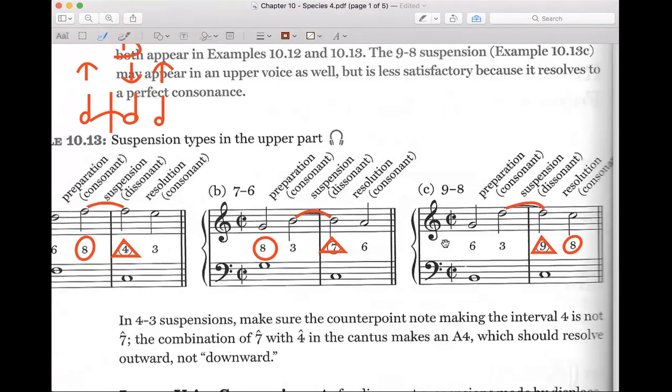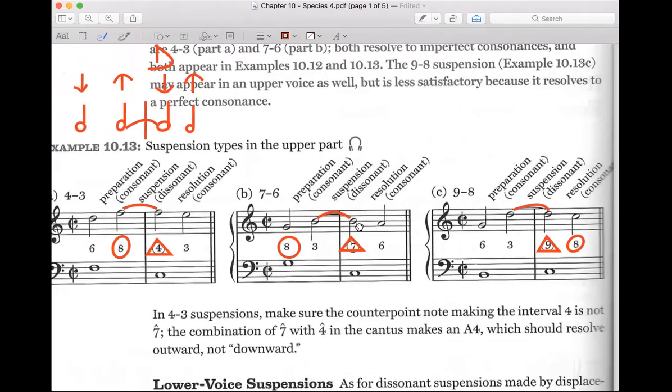And lastly, this is a really important guideline or rule. How do we get out of that dissonance? Go through and look at all three examples, and where does that upper voice go? In example A, we have a voice that descends.